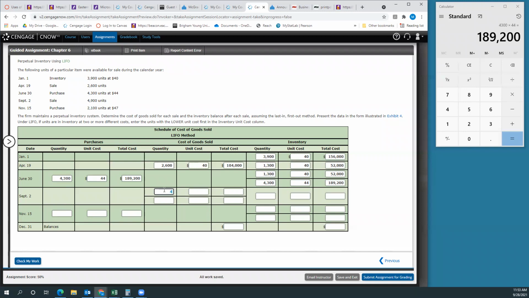So I'll go ahead and say 4,300 at 44, and then another 600 at 40. So how much do we have left? Well, we sold all of these, and we sold 600 of these, so we must have 700 of them left.